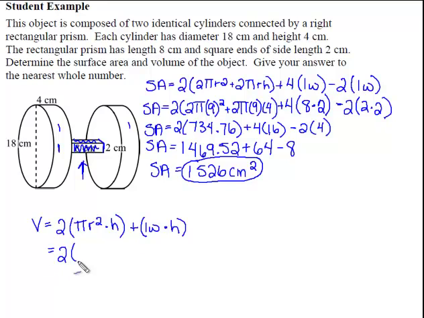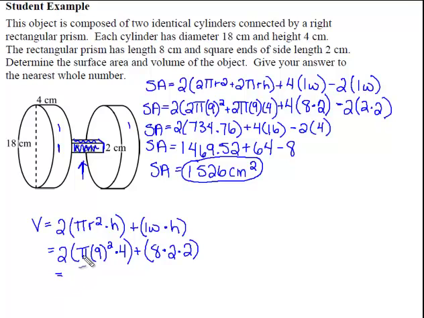Fill in what we know. The radius of that circular bottom is just half of its diameter, so the radius is 9, squared, and the height is 4 again. For that rectangular prism in the middle, we have a length of 8, a width of 2, and a height of 2.